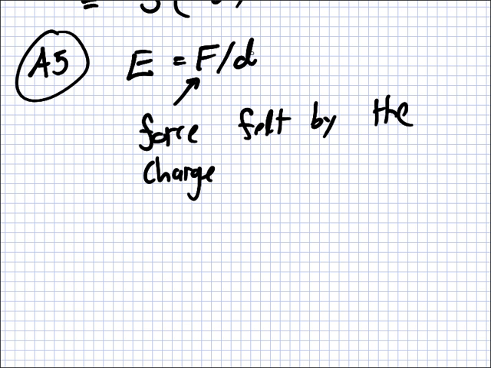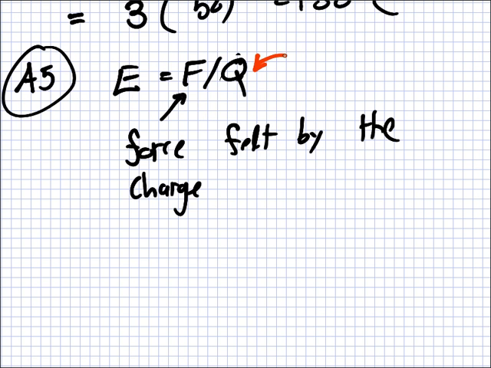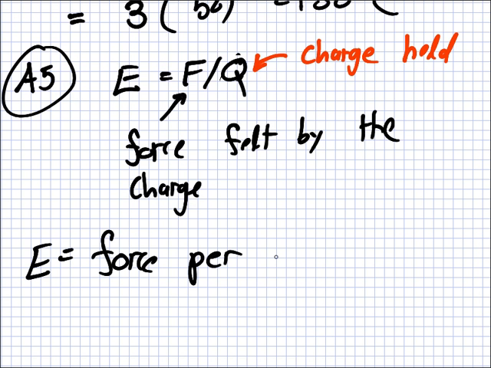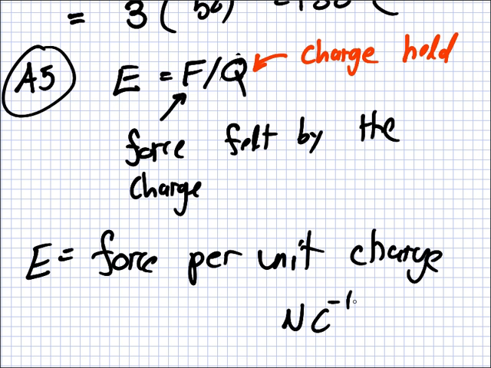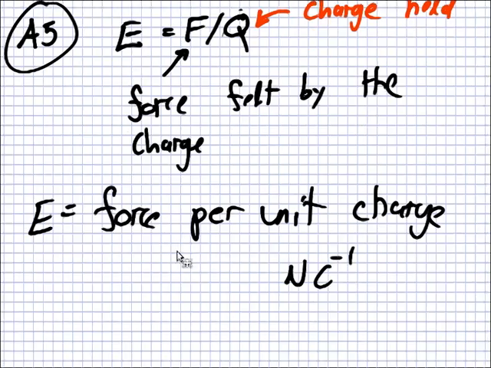Oh, sorry, I wrote D. This should be, of course, Q. And Q is the charge held. So in other words, the electric field strength is the force per unit charge, with the units obviously being newtons per coulomb. Surely that must get me my 1 mark. Yeah. What's next?